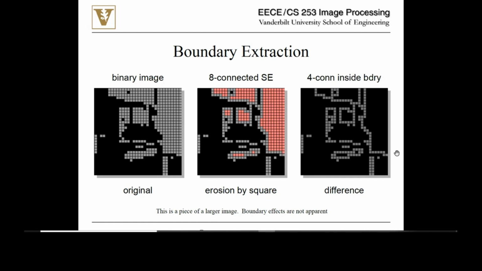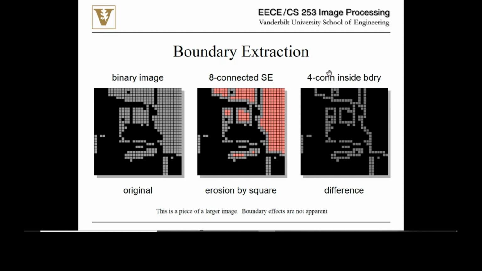If you compute the difference, this is what remains. If you look at these pixels in the original image, they had some background pixel around. All these pixels that remain have some background pixel around.